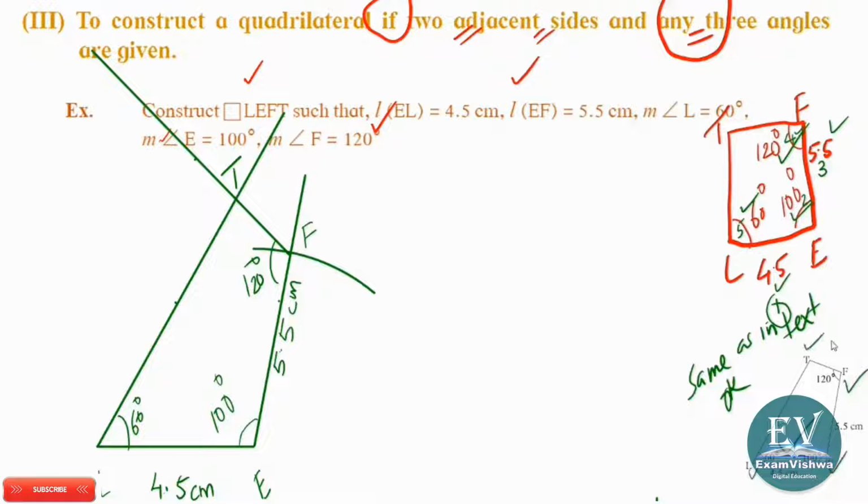Okay, you will pause the video here and do sums, do the construction before going ahead, so that you will feel good and you will feel confident also. Pause the video, do the construction and go ahead.